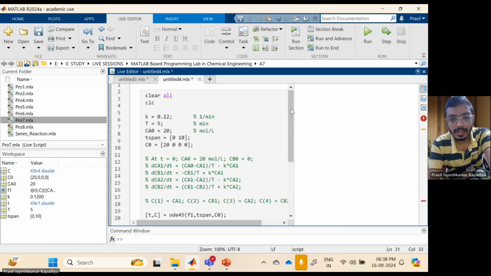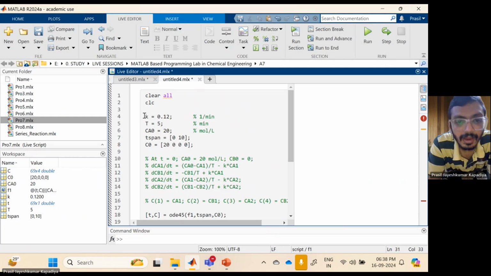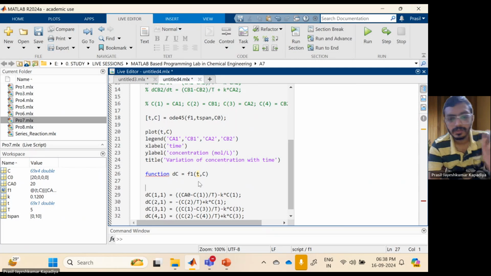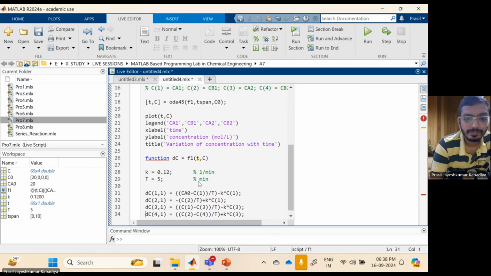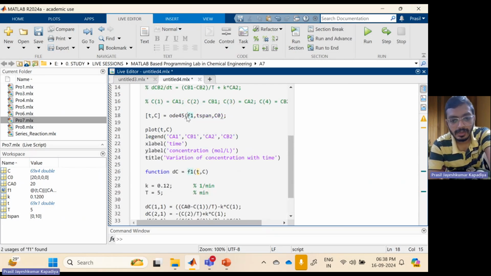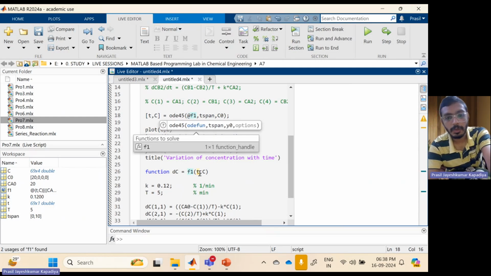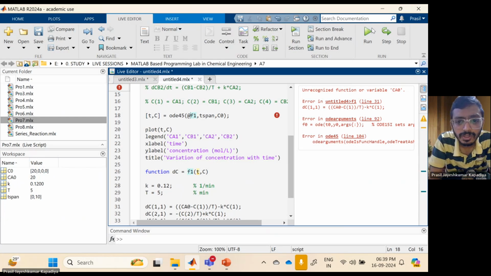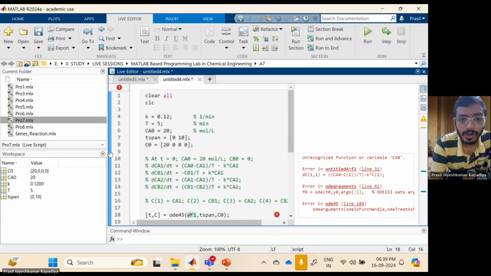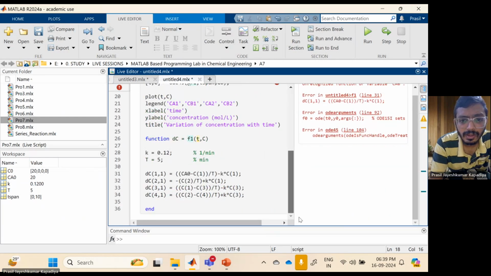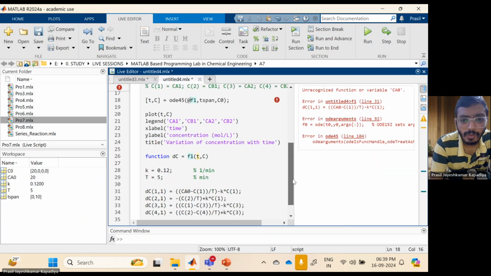But here we need to provide the values of P. And here I will need to define the figure. If we run this, yes, I also need to define the value: A0 is equal to 20.